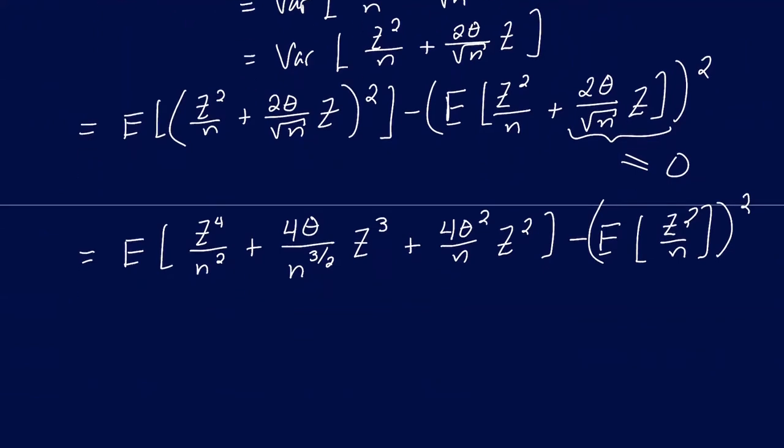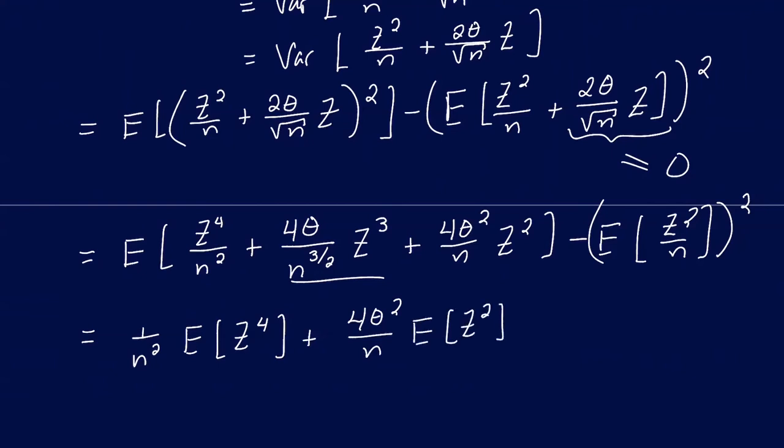So I'm going to run the expectation through, and this one has expectation 0. Any odd power of a standard normal does. While I'm at it, I'm going to pull out that 1 over n squared. Over here, I'm going to pull out the 1 over n, which will end up getting squared when it comes out of those parentheses.